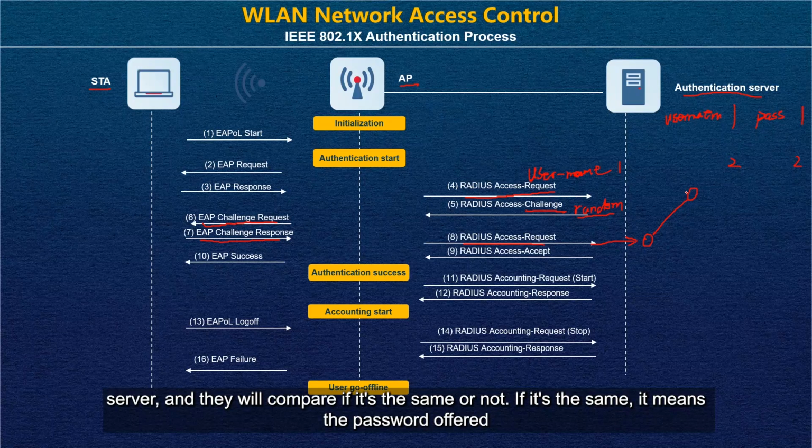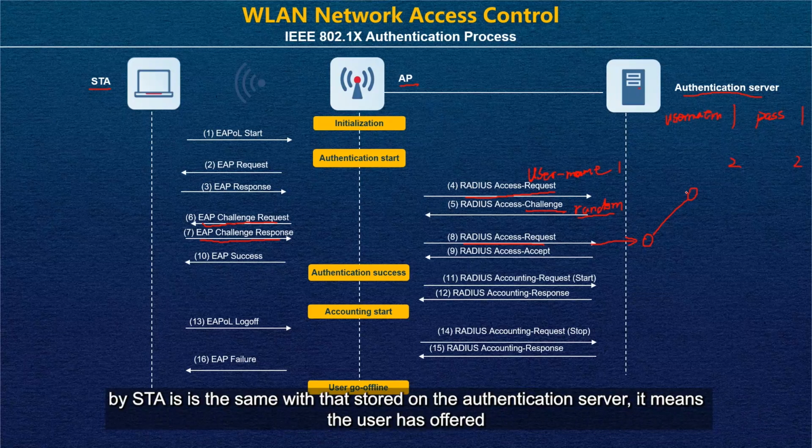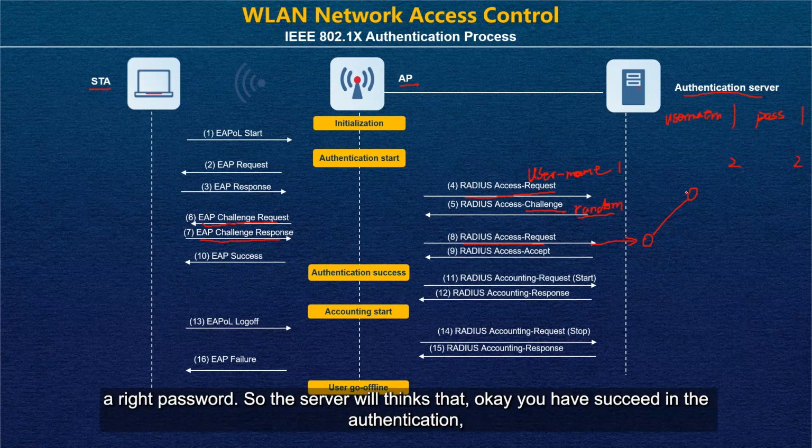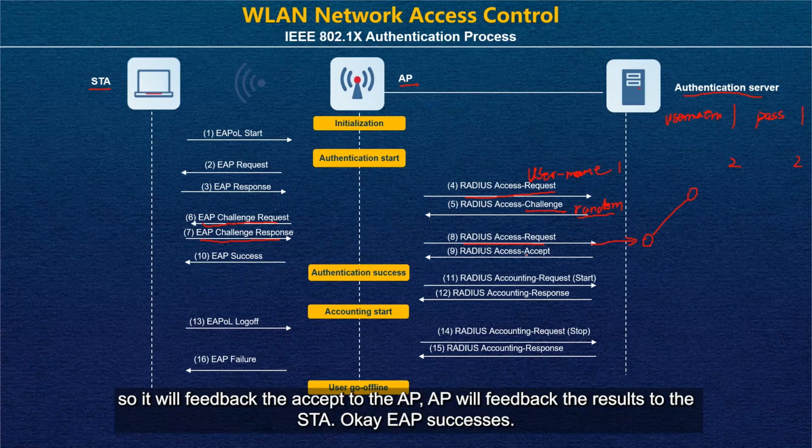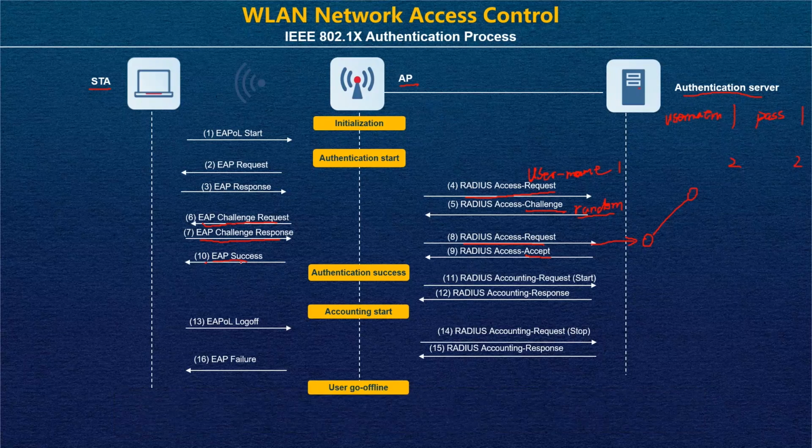If it's the same, it means the password offered by the STA is the same as that stored on the authentication server, meaning the user has offered the right password. So the server will think, okay, you have succeeded in the authentication. So it will feed back the accept to the AP. The AP will feed back the result to the STA: okay, EAP success.